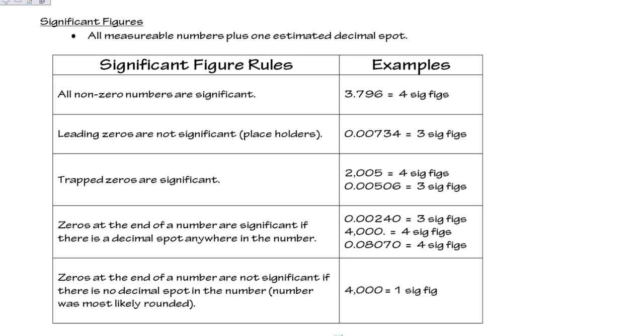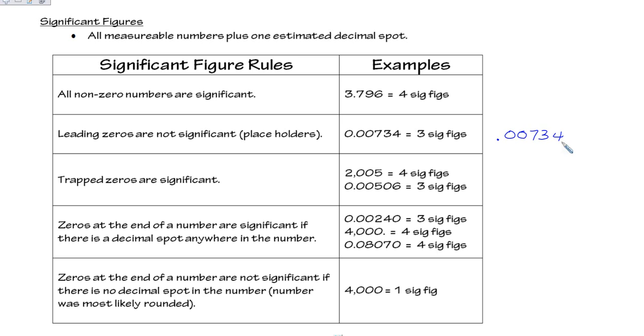So here's one option. Leading zeros. Leading zeros are just placeholders. They start off a number. Now, it could be something like 0.00734, or it could be .00734. I don't know why, but sometimes that zero in the front of the decimal spot causes concern.